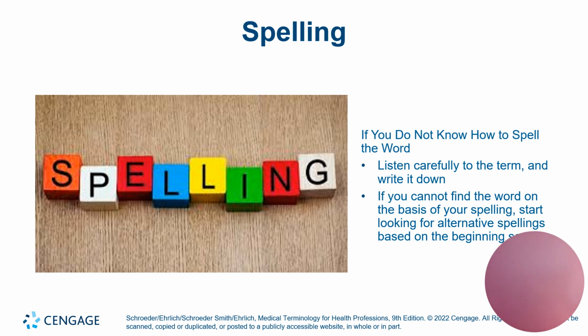And if you can't find the word in a medical dictionary on the basis of your spelling, then start looking for alternative spellings based on the beginning sound. For example, if you have an F sound, we know that in medical terminology, this might be an F, but it might also be a PH, such as pharmacology, which is spelled PH.